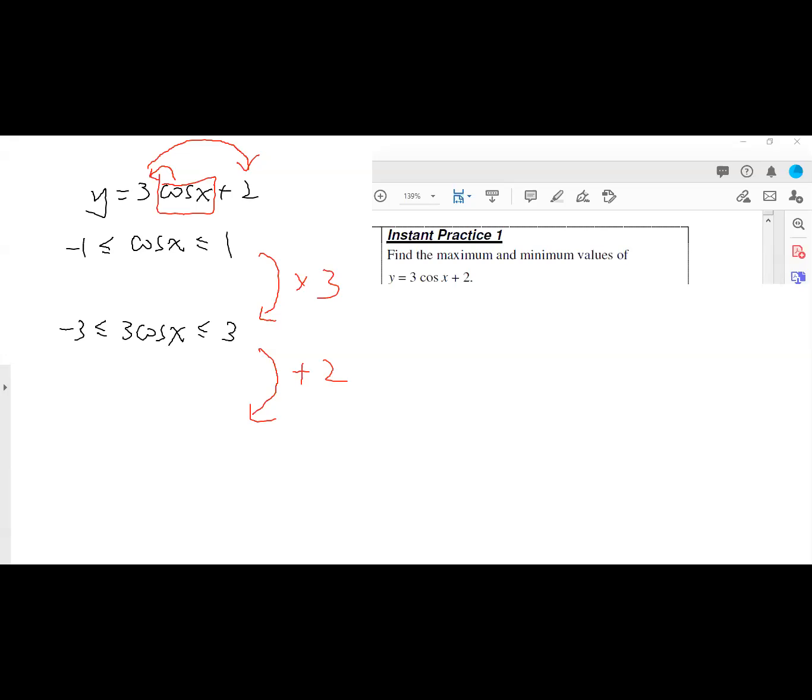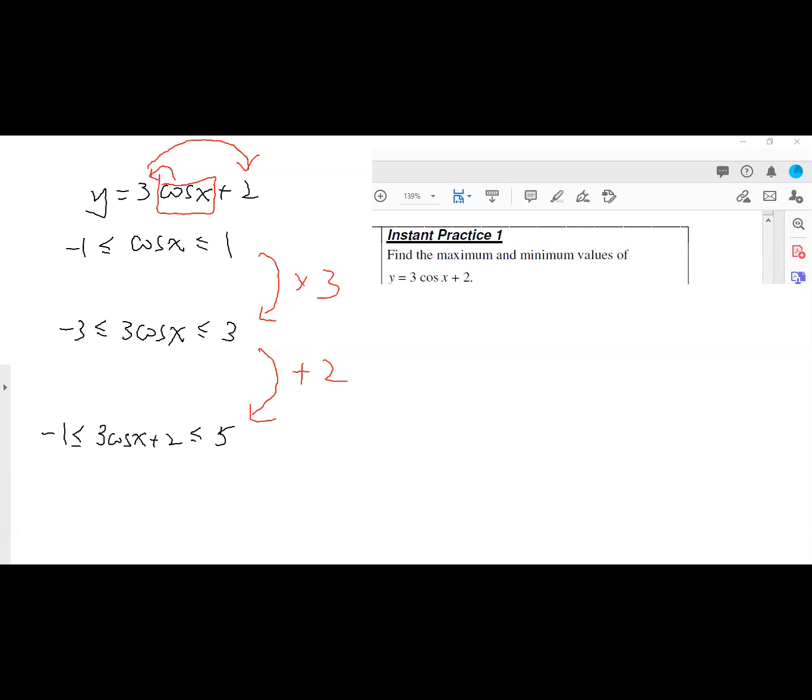Okay, and for the second step, we need to add 2 to each part of the inequality. So -3 plus 2 is -1. And then the middle part is 3 cosine x plus 2. And then the right-hand side is 3 plus 2, that is equal to 5. And again, this step is to add numbers to the inequality, so we do not need to change the inequality sign, just copy.